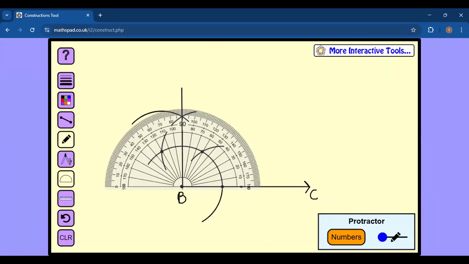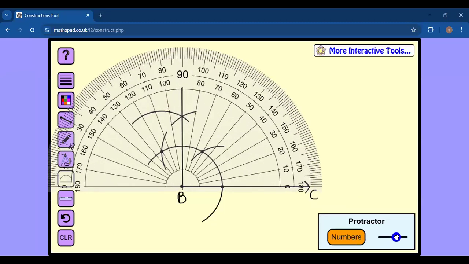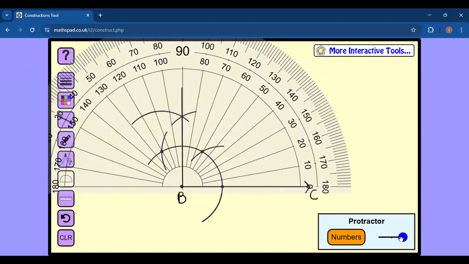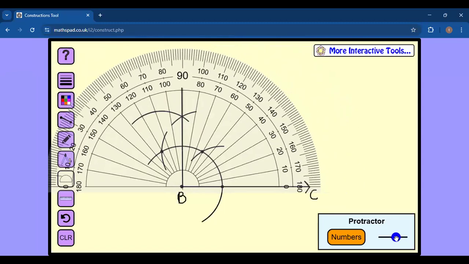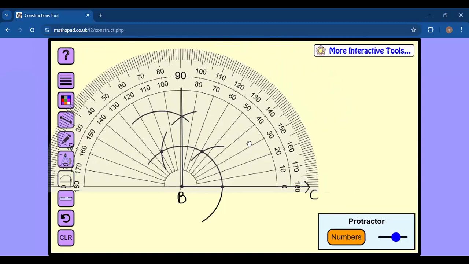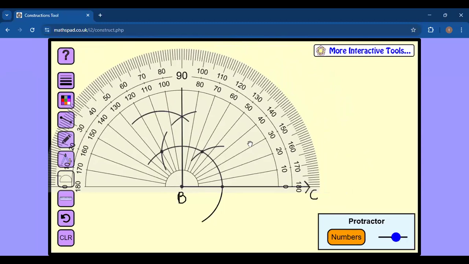Let me zoom it in. Okay, so I'm on the protractor. It's a little off, it's like 91. Let me move the compass. Okay, there it is. Okay, good.